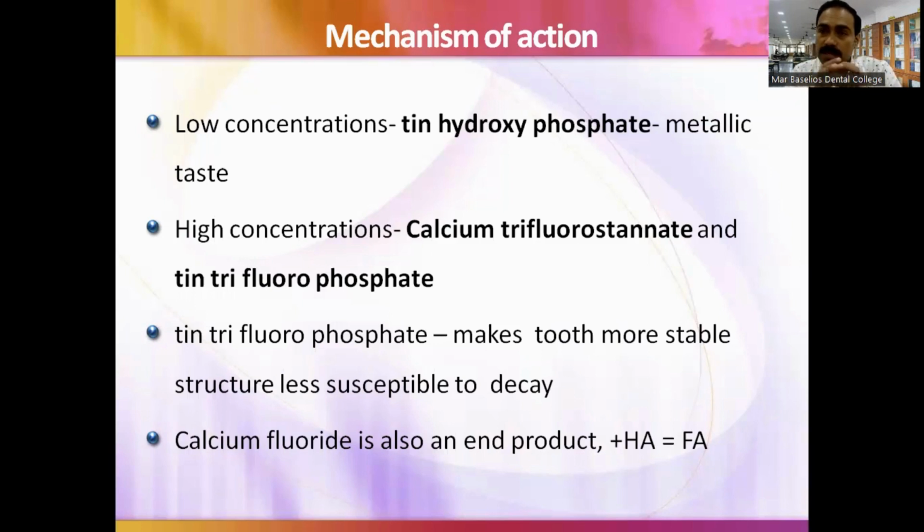And this tin trifluorophosphate is the one which makes the tooth more stable, and because of that, the caries prevention will be more. That is, it will be less susceptible to decay. And the end product will again be calcium fluoride, and as in the previous solution, this calcium fluoride will react with the hydroxyapatite in the tooth and form fluorapatite crystals.